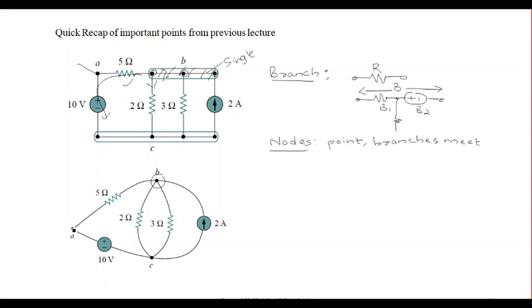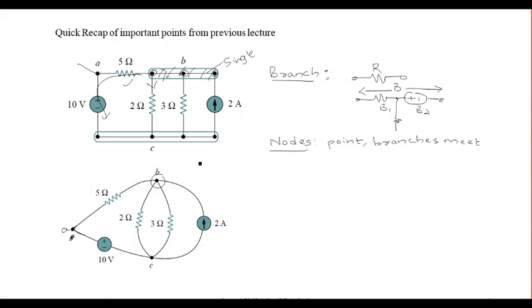If I discard this A and just continue like this, it is also correct, so no need to worry. Just to make things simple initially, I have taken a node A here. Then we have a common node, that is node C. Node C is a point where all elements are connected except this 5 ohms.